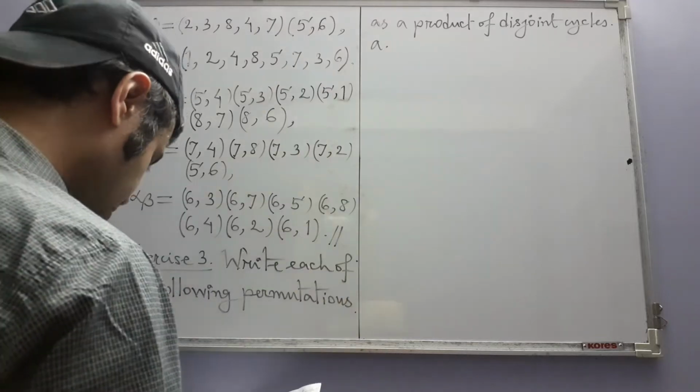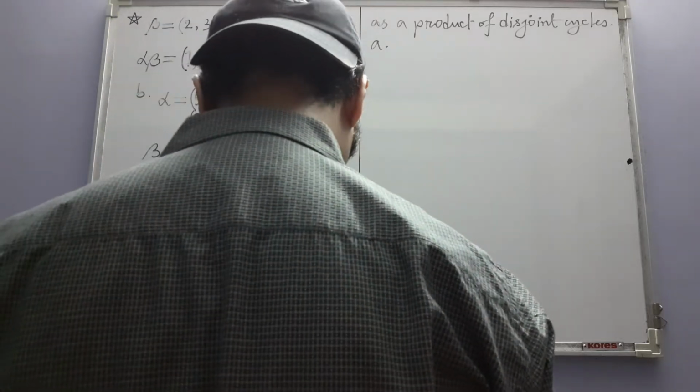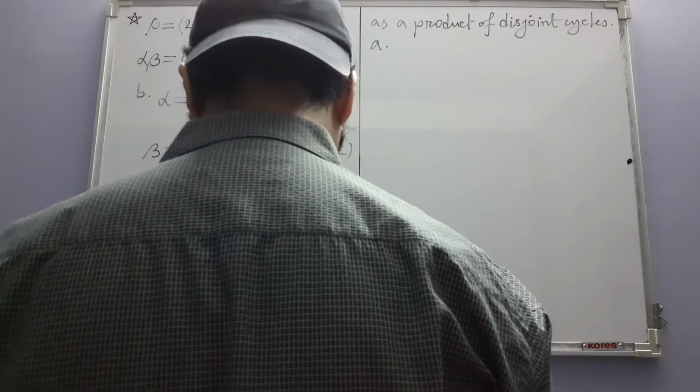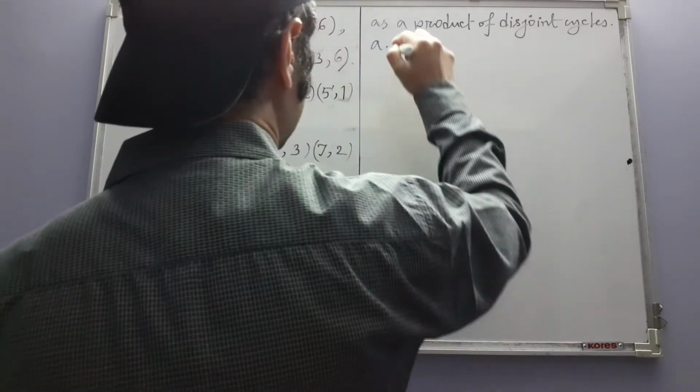What are the permutations? (1 2 3 5)(4 1 3).